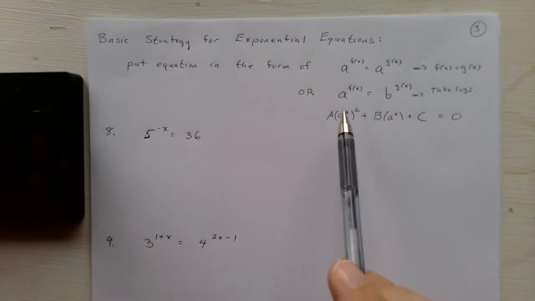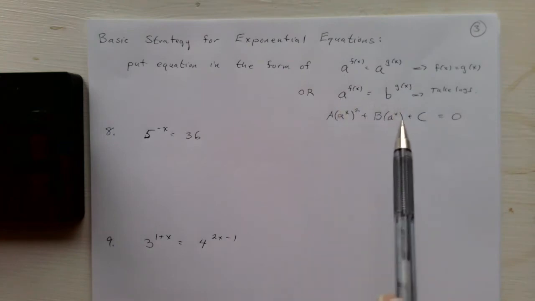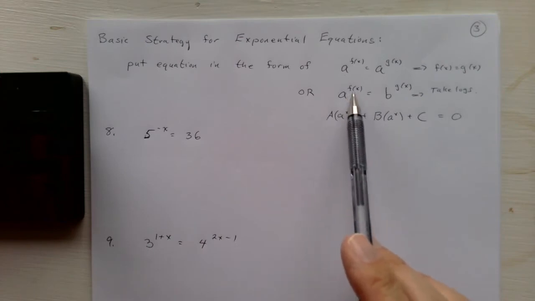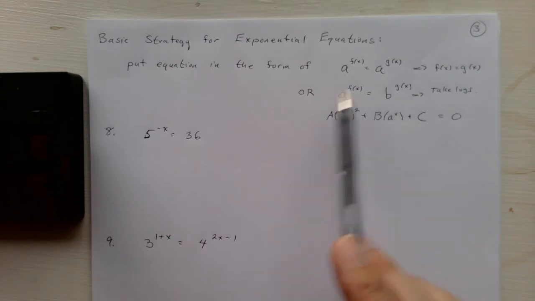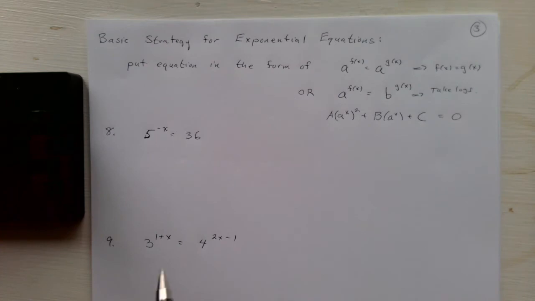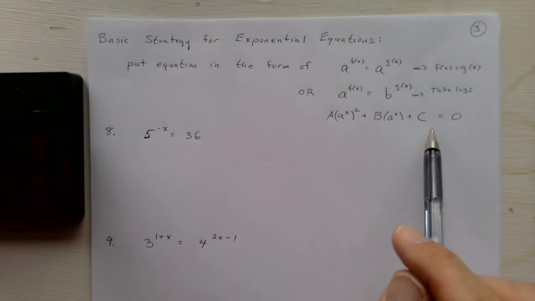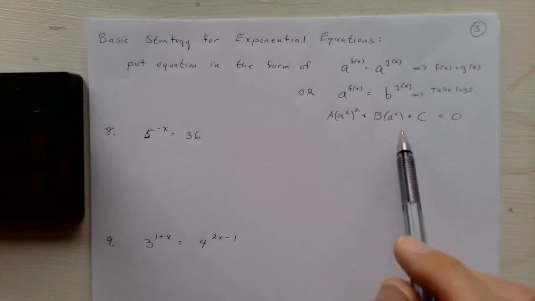And it doesn't really matter if you take the natural log or the common log. The idea here is that when you take the logs, this f of x and g of x will come out in front. The unusual case is when you have basically a quadratic expression, where instead of x, you have a to the x.